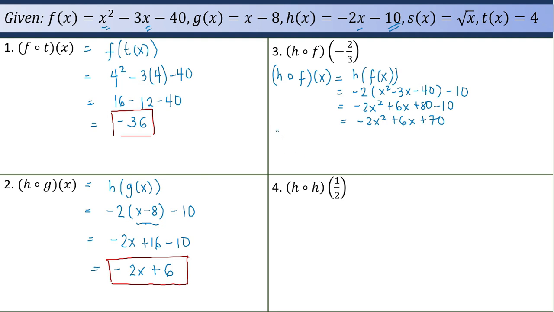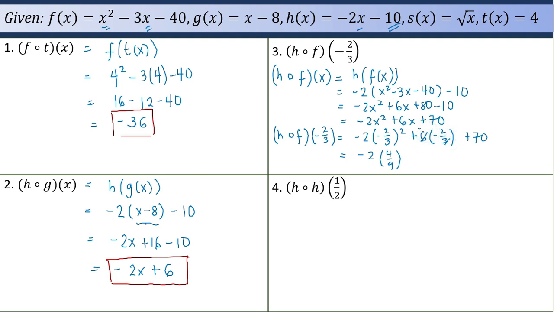Now, we are ready to get h circle f of negative 2/3. So, isa-substitute lang natin siya doon sa ating mga x. Okay? And we have, so negative 2/3 squared is equal to positive 4 over 9. 6 and 3, magkakancel sila, no?